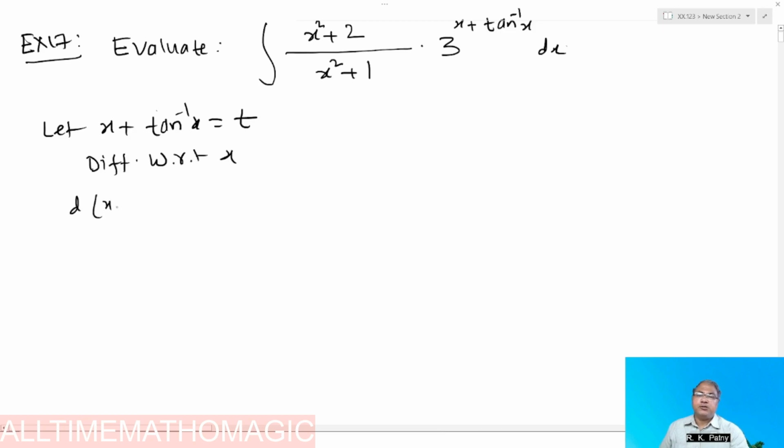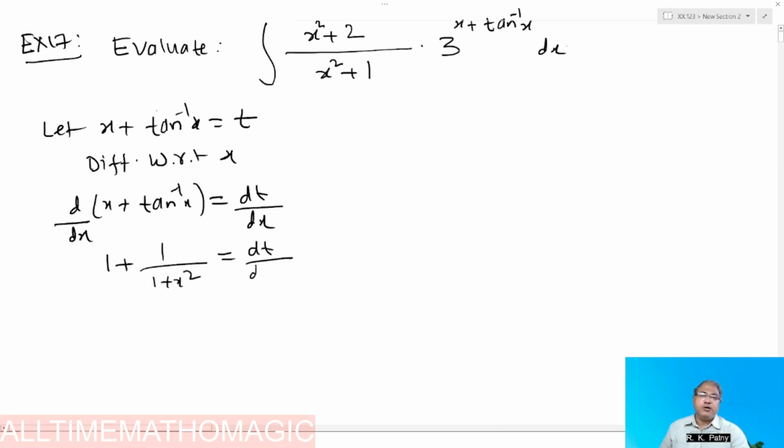So differentiation of x plus tan inverse x with respect to x equals to dt by dx. This becomes 1 plus 1 upon 1 plus x square equals to dt by dx, which is nothing but x square plus 2 upon x square plus 1 into dx equals to dt. So call it 1, call it 2, and call it 3.